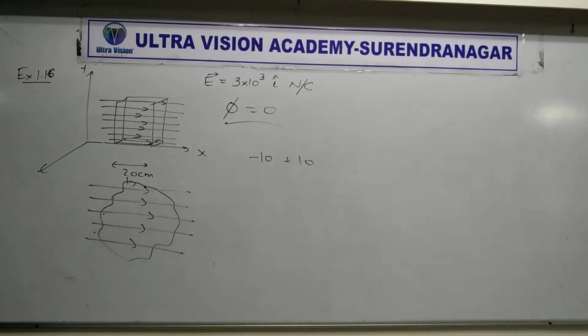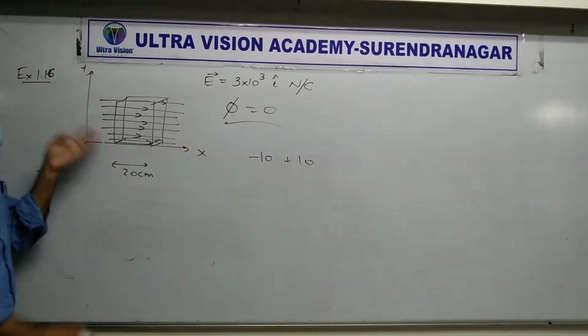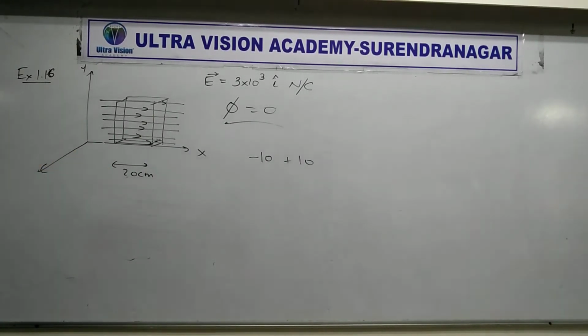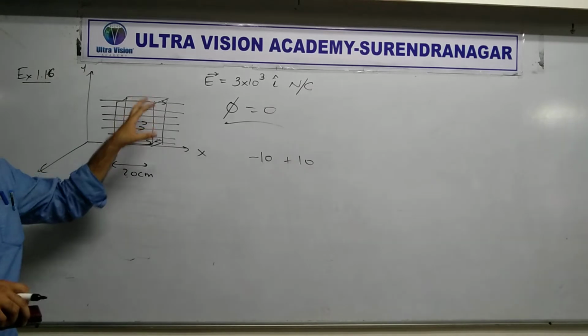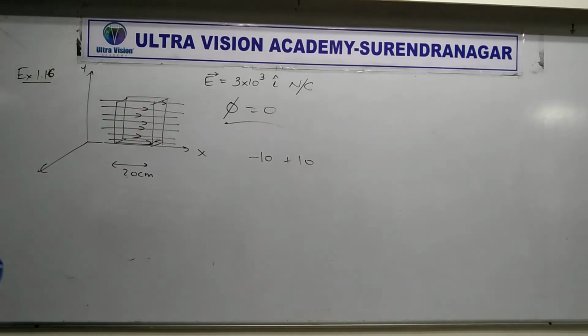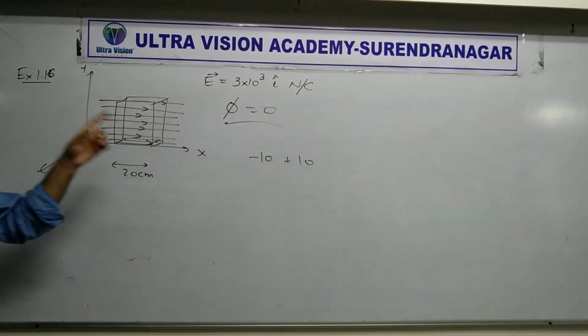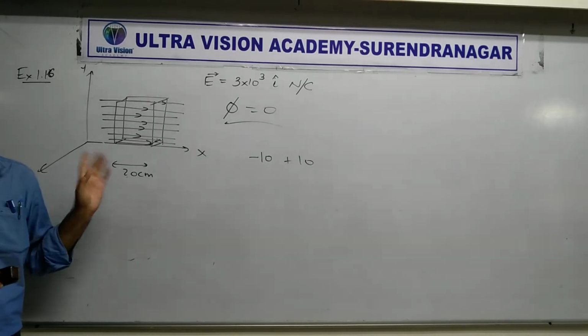Got it? Sure? So, whenever there is a uniform field and you put some surface in it, it should be closed. Whether it's curved or not, it's okay, but it should be closed. Then the flux will always be 0 by the same logic.